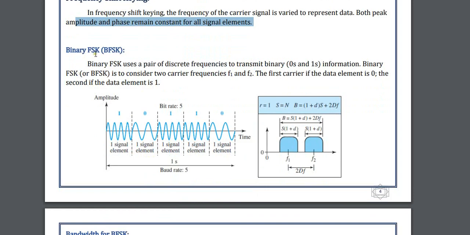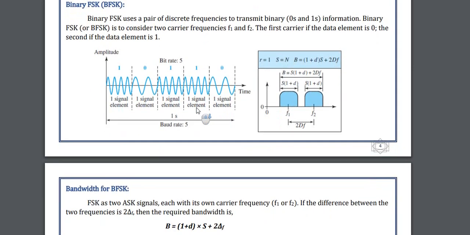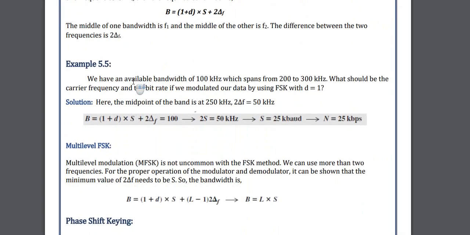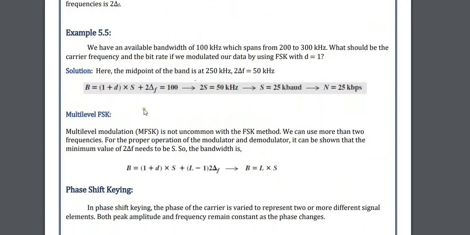In this diagram of binary FSK we can see that when the input is 1, we have one frequency, but when it is 0, the frequency is at a distance. When we have 1 and 1 again, the frequency is the same, but when we get 0, the frequency again creates a distance. Here is the mathematical formula for finding the bandwidth for BFSK.